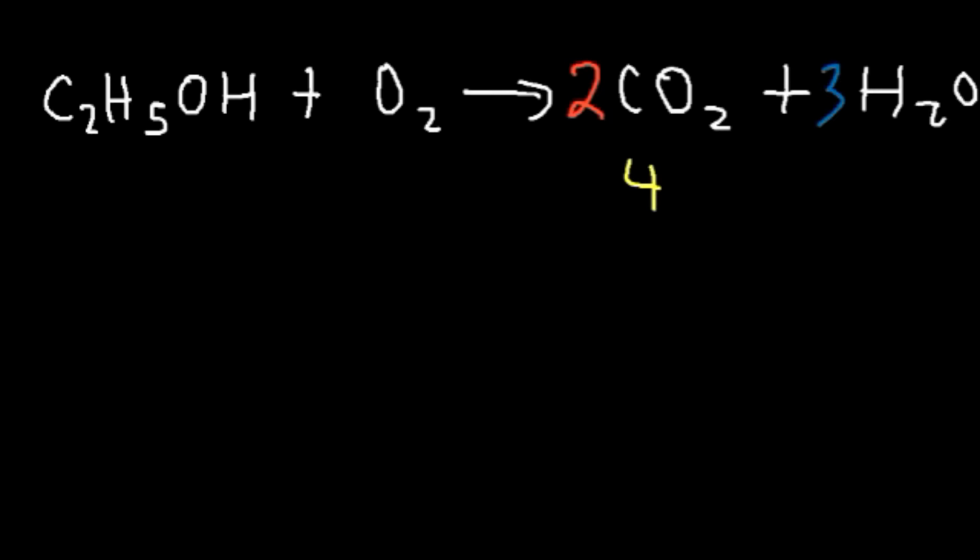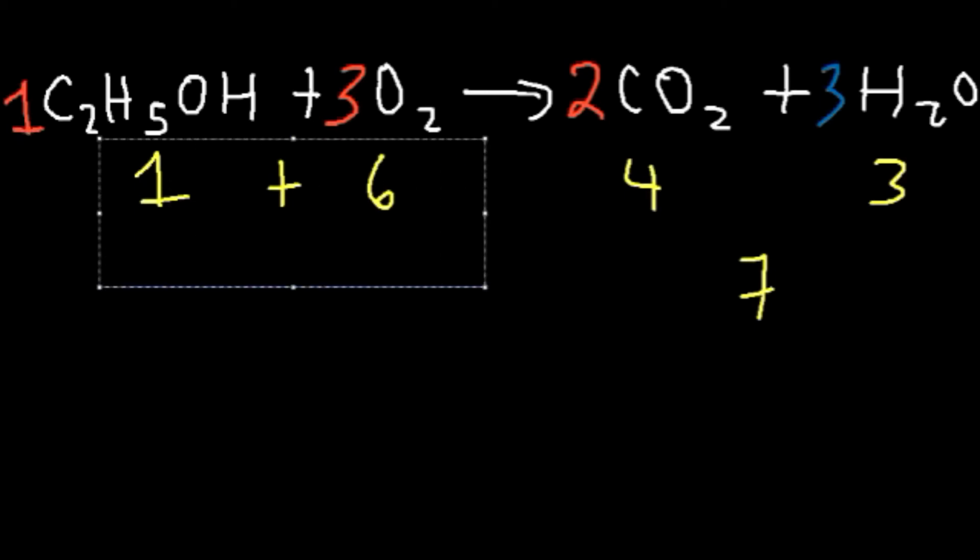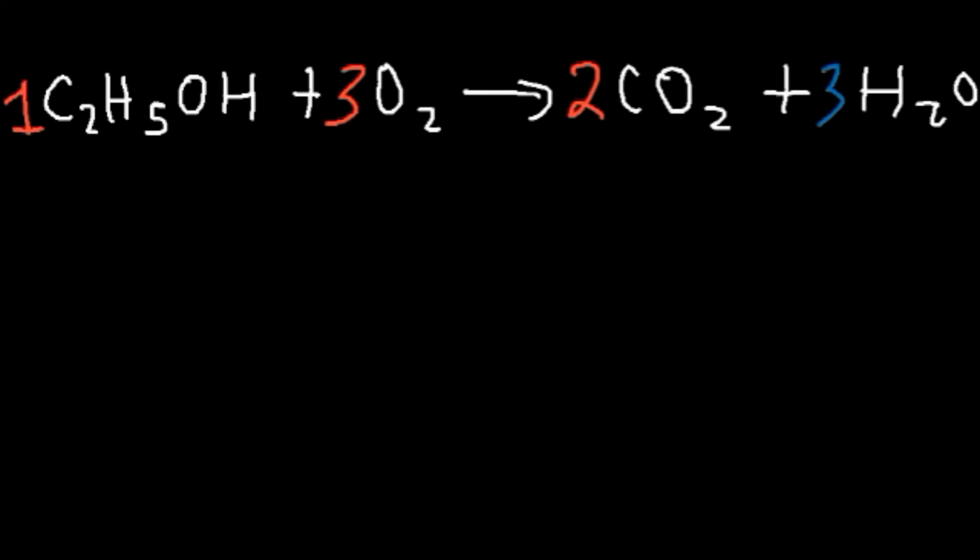So we have 3, 4, 3 for each, and after that we have a total of 7, right? And now 4 plus 3 is 7, and 7 minus 1 is 6. Okay.